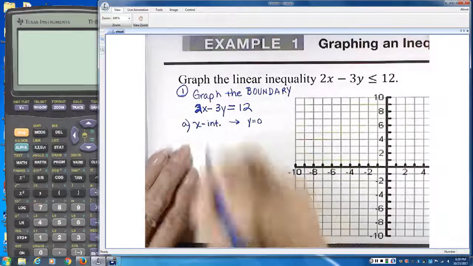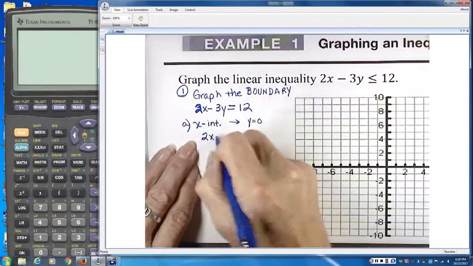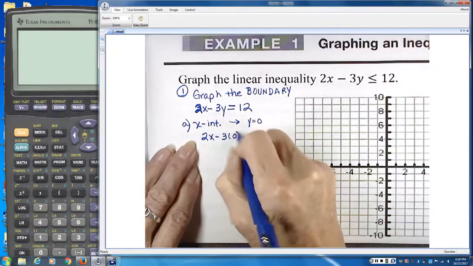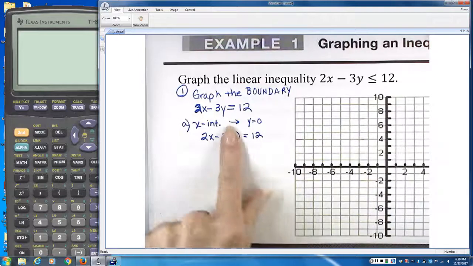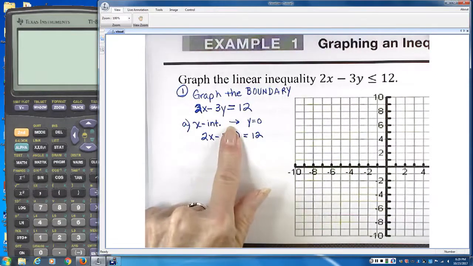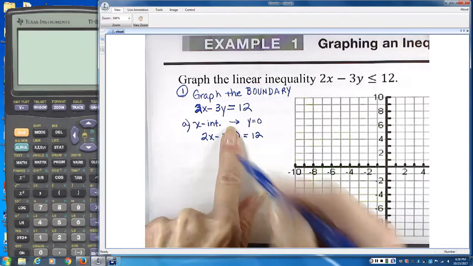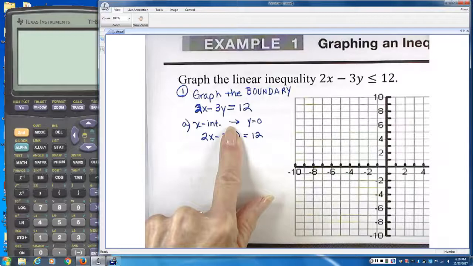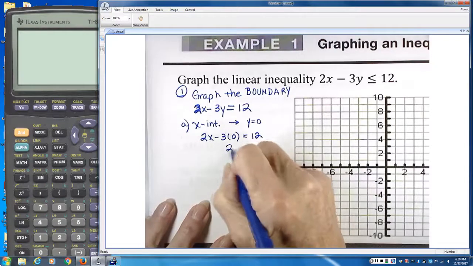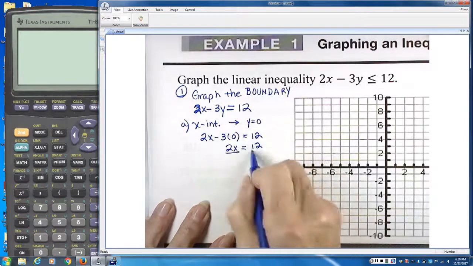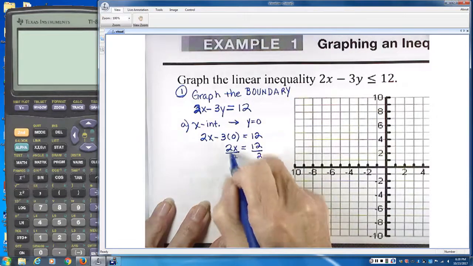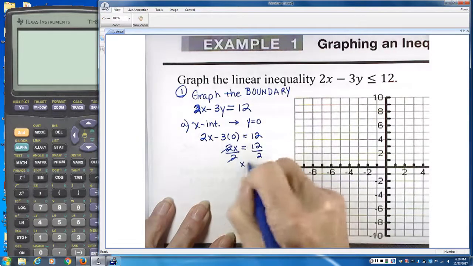So that means I'll have 2x minus 3 times 0 equals 12. And it's easy to see that 3 times 0 is just 0. So that really just leaves me with 2x equals 12, and if 2x equals 12, then I know x equals 6.